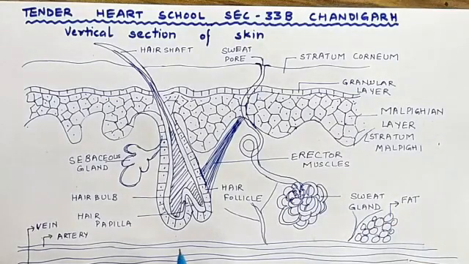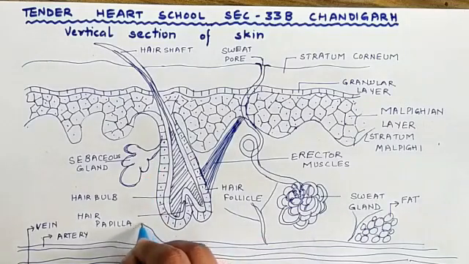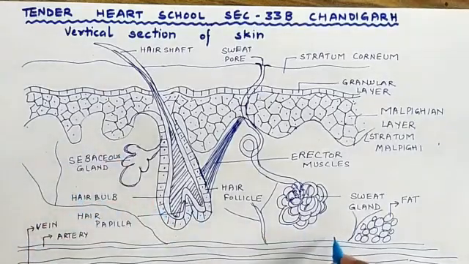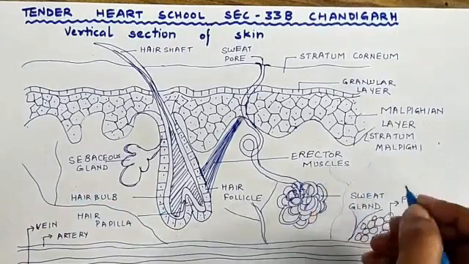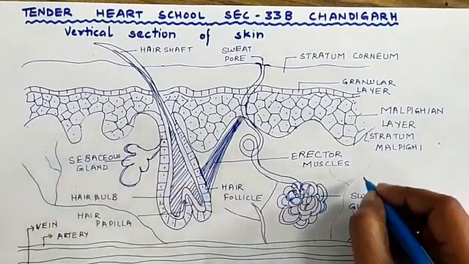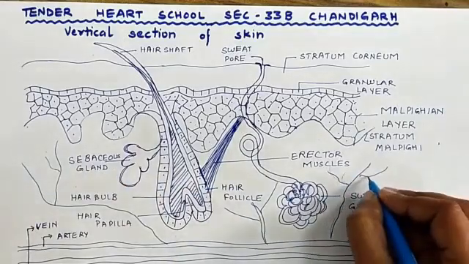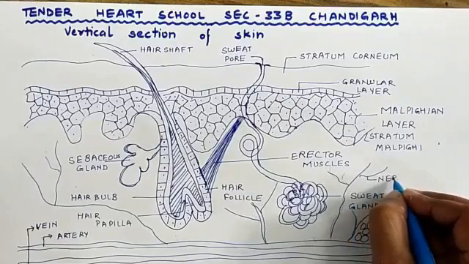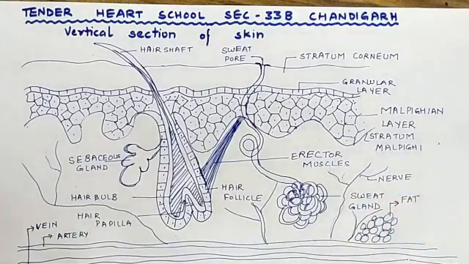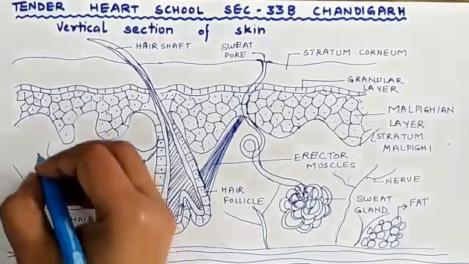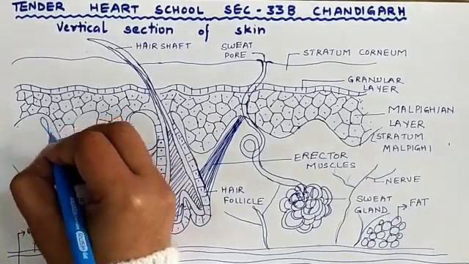Now there are certain nerves. The skin is obviously having the supply of blood vessels and nerves. So nerves can be shown here. Nerves are present all over the skin. So these are all nerves which you can show at various places. Nerves may be having the presence of nerve cells.